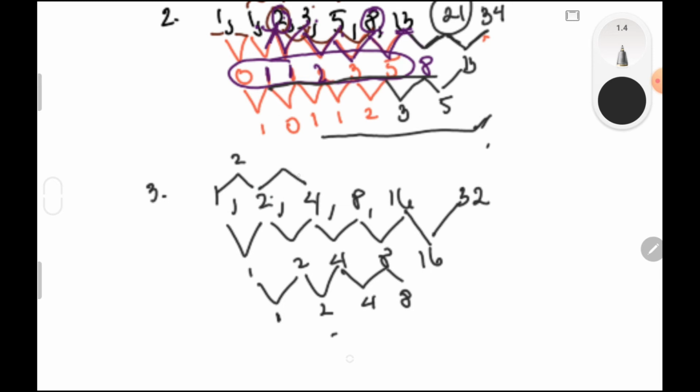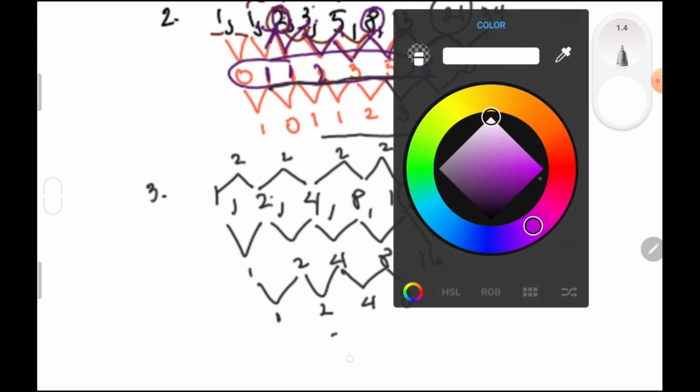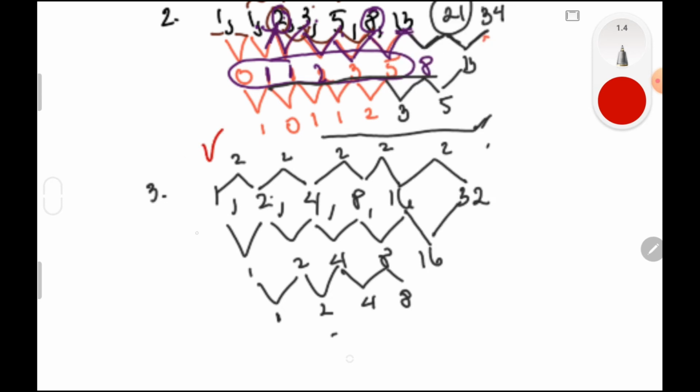Again, if I would multiply 2, I would get 4. And if I would multiply 2, I would get 8. And if I would multiply 2, I would get 16. And therefore, if I would multiply 2, I will get 32. Okay? That would be the next probable pattern for this one. So, dalawang solution na pwede. So, pwedeng ito. Pwedeng ito. Tama ba? Okay?